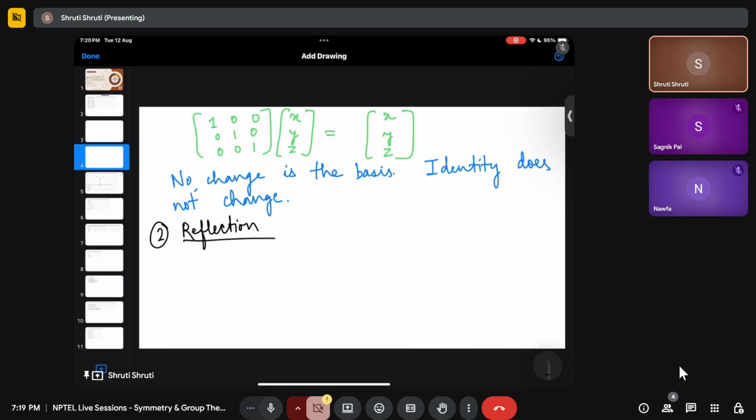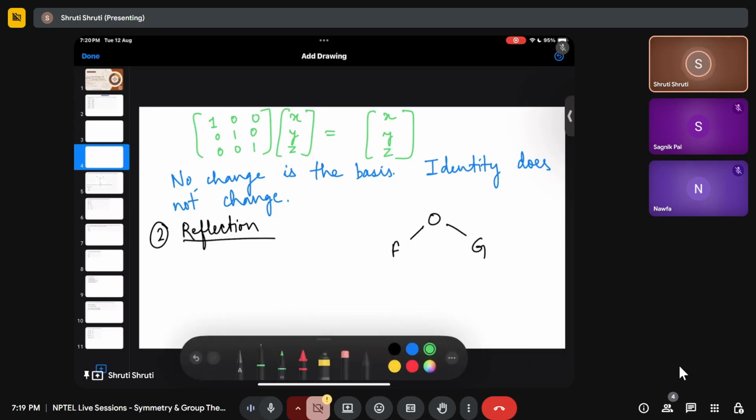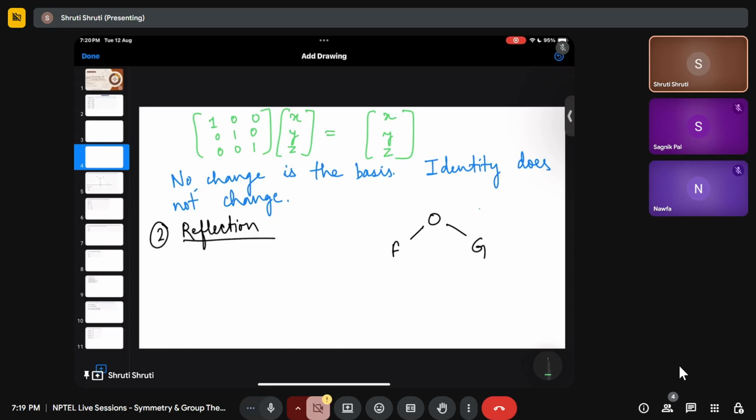Suppose you have F and G, some random imaginary molecule, on this coordinate system x, y, z, and I put a plane, this plane, the yz plane.